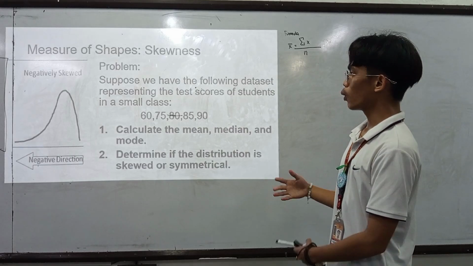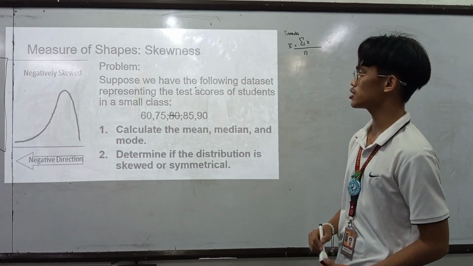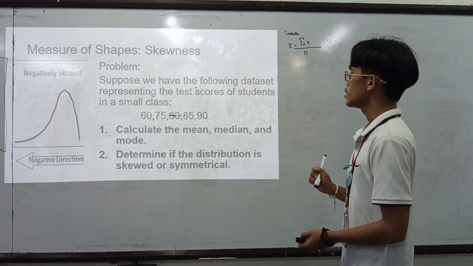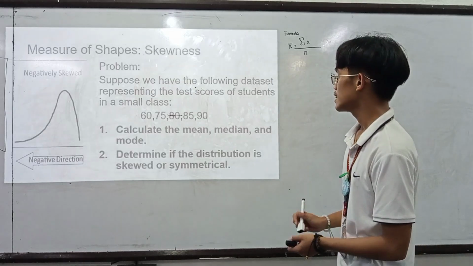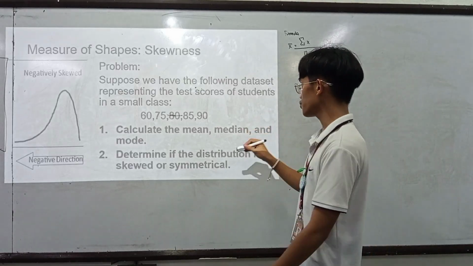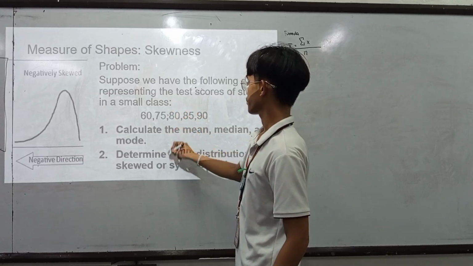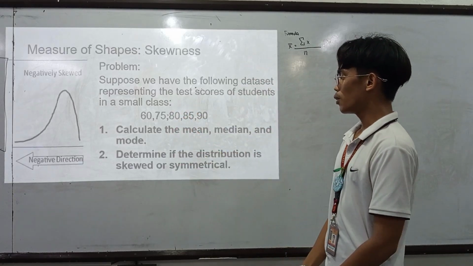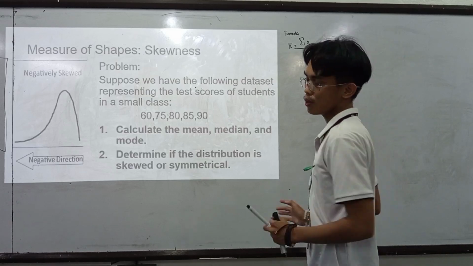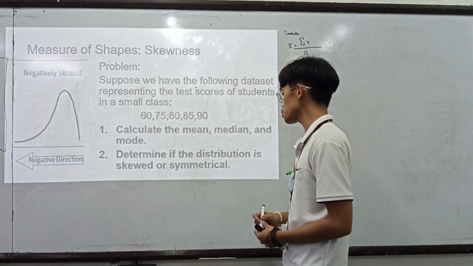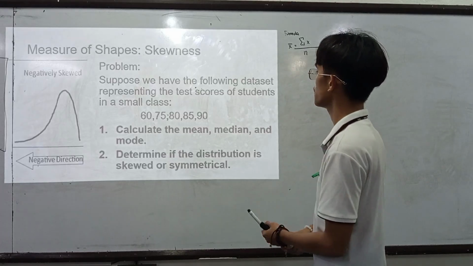In the problem, suppose we have the following data sets representing the test scores of students in a small class: 60, 75, 80, 85, and 90. One, calculate the mean, median, and mode to determine if the distribution is skewed or symmetrical.